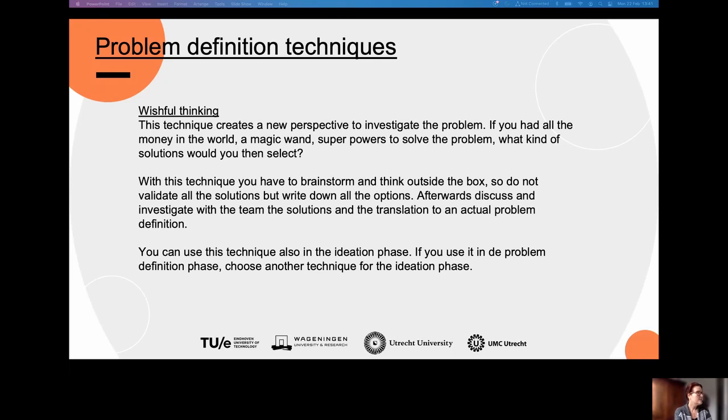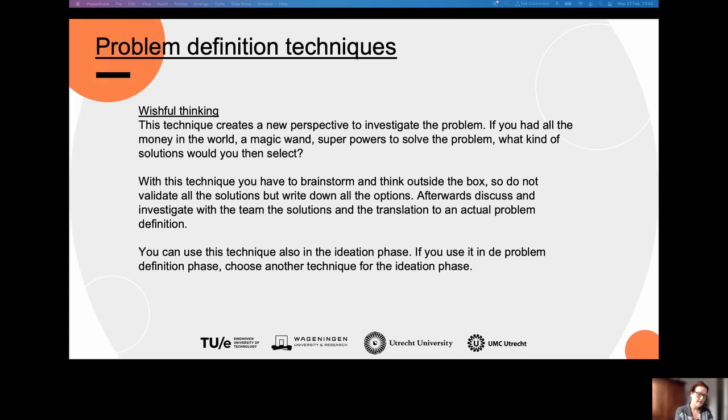So if you try to think that you have all that power to solve this problem, what kind of different solutions would you come up with? And of course, you can imagine that you can really think outside of the box and come up with all kinds of great ideas that might not always be feasible, but that's not the point. The point is that you really think outside of the box, write down all the different solutions you come up with, and really use that information to look at your problem from all kinds of perspectives.